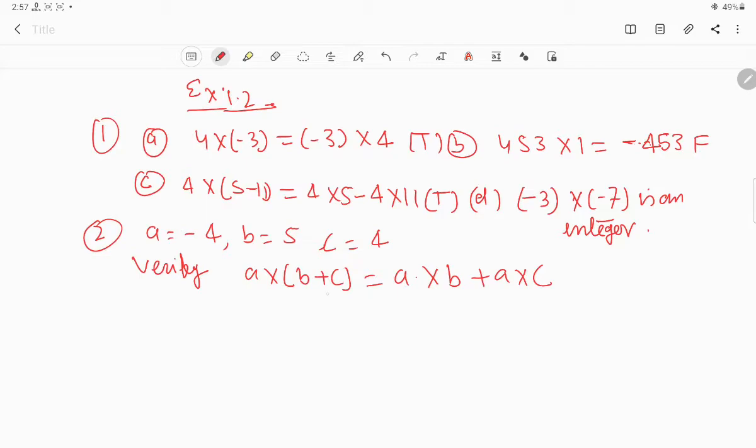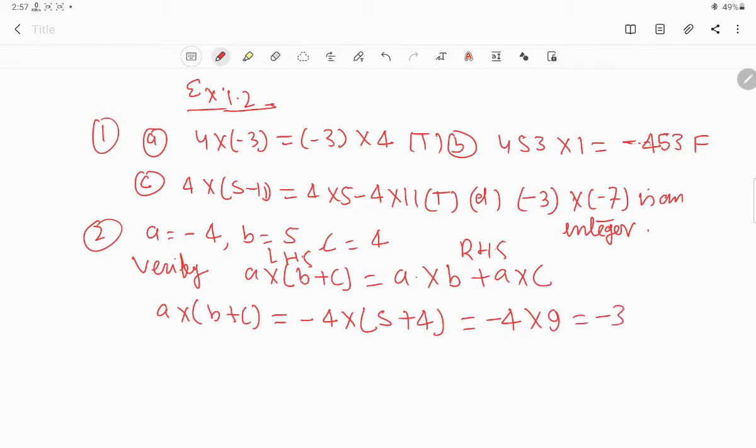So first you take the left side, A into (B plus C). Put the values of A, B, C: minus 4 into (5 plus 4), which is minus 4 into 9, equal to minus 36.